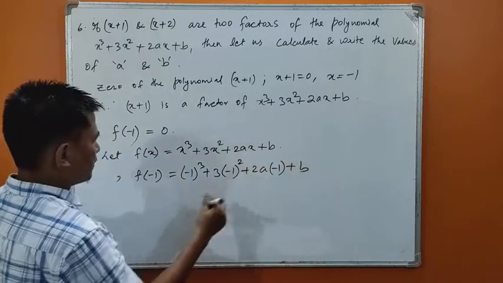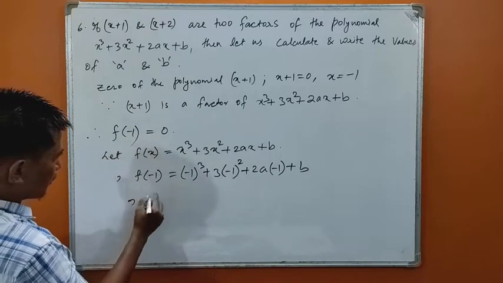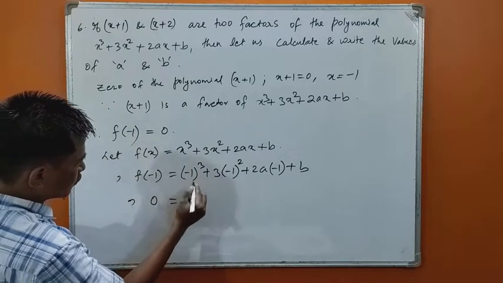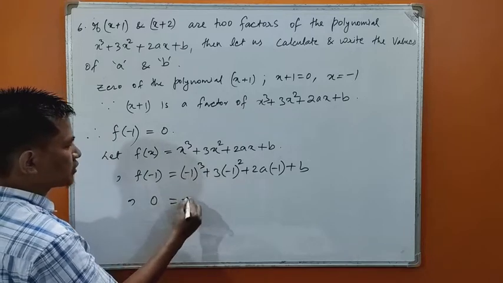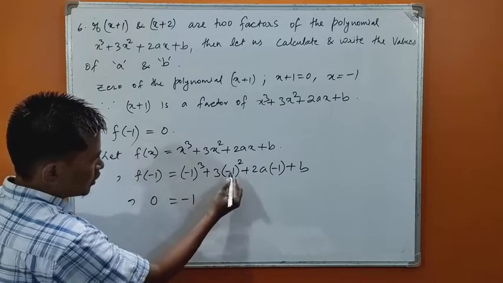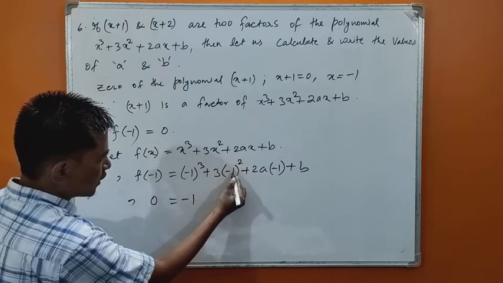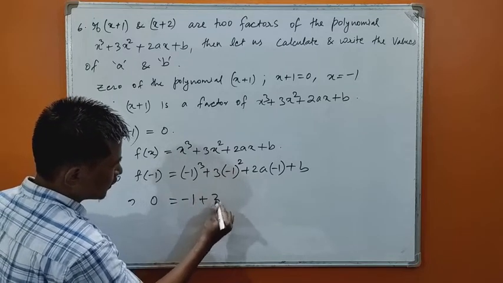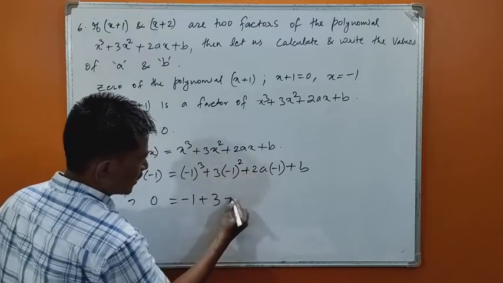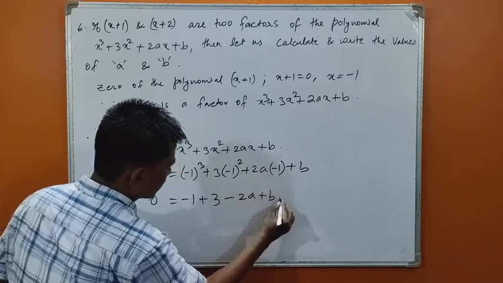Or f of minus 1 is 0, equal to minus 1 whole cube, since the power is odd, the sign will remain minus, so minus 1. Minus 1 whole square, the power is even, so the sign changes to plus, so plus 1 into 3 is 3. Plus into minus is minus, 2a into 1 is 2a, plus b, okay?